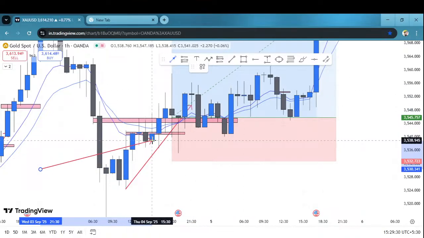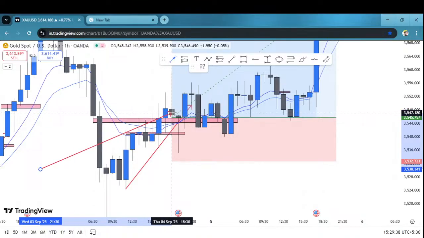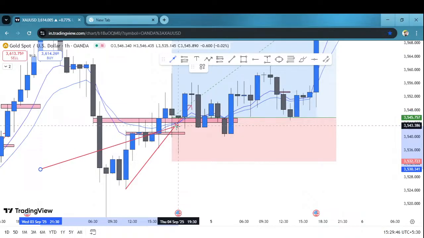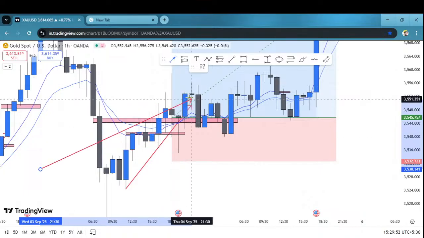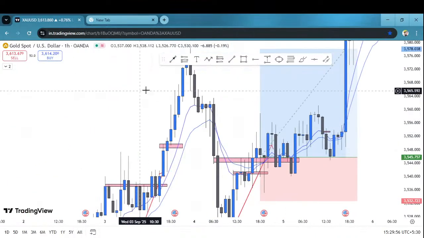So if you see this first candle, second candle, third candle, you can feel that on the third or fourth candle we have lost some kind of volume towards the upside. So I was waiting for that retracement, and I was expecting it as well. After this retracement, there was no stopping the price from taking our TP.